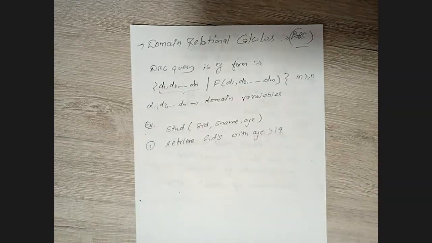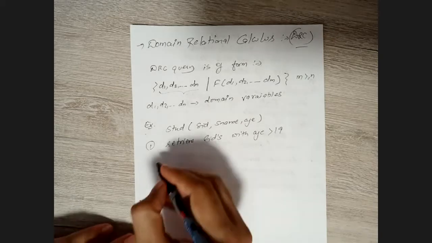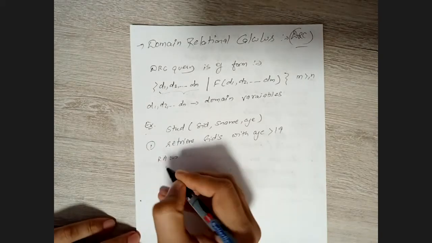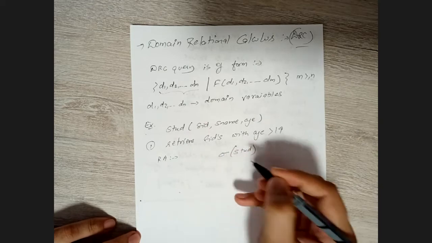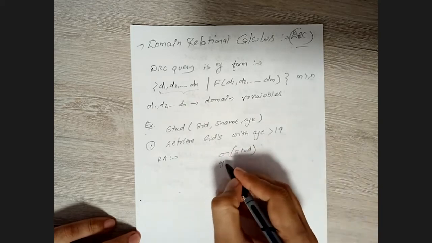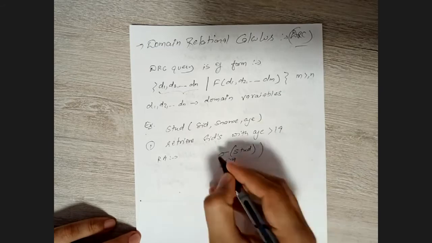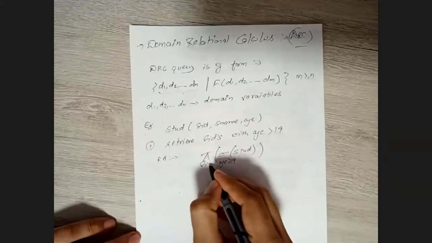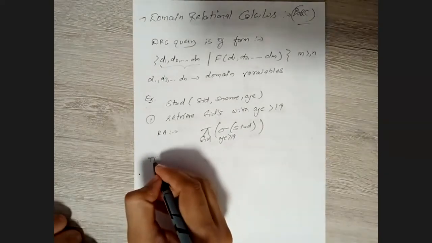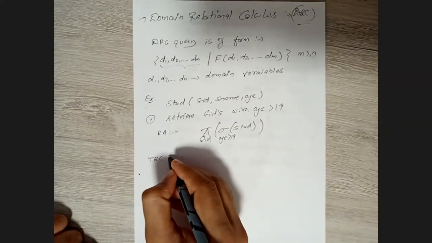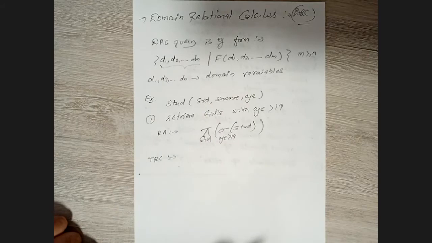We know the relational algebra, it's very easy for us: select age greater than 19 and simply project SID. Now TRC, let's revise this one. How will we write the TRC for this?